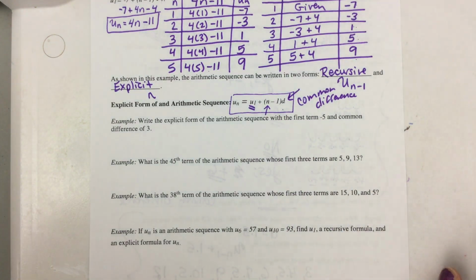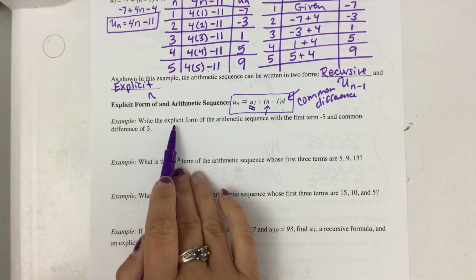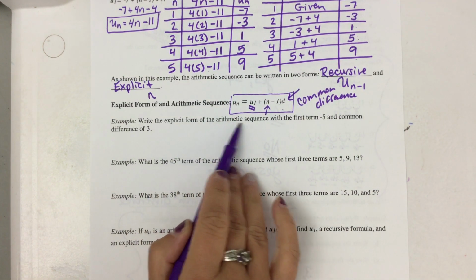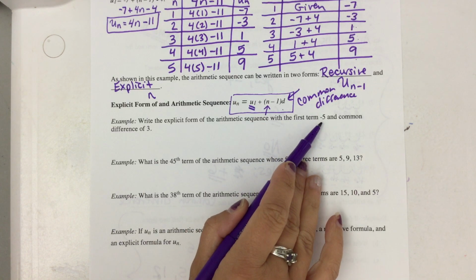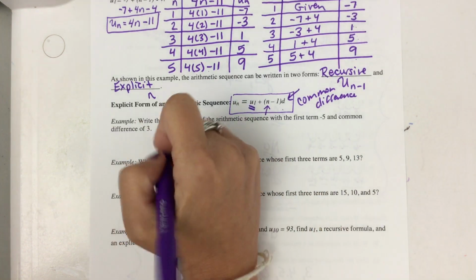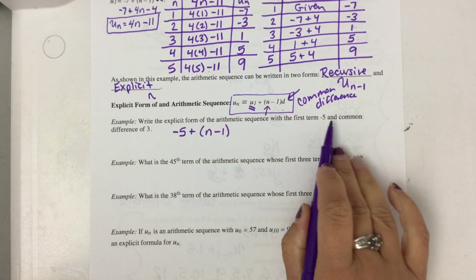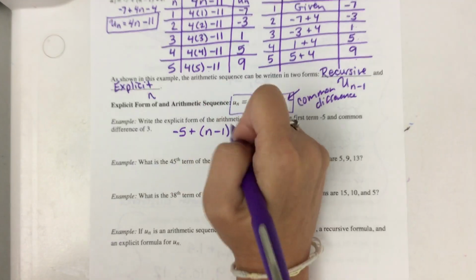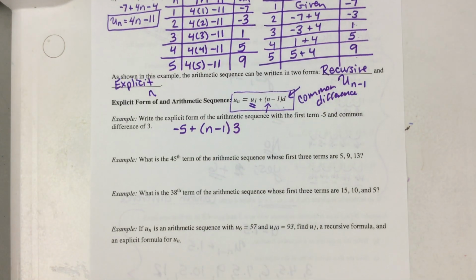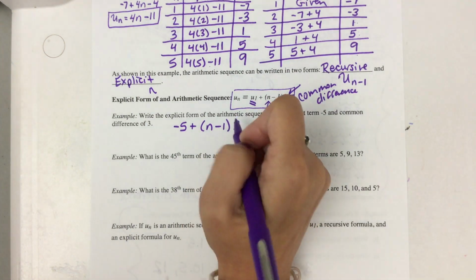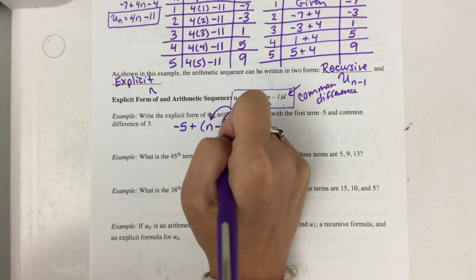So let's go ahead and try a few. Write the explicit form of the arithmetic sequence if the first term is -5. That's what u sub 1 is. So -5 plus n minus 1. And the common difference is 3. So it's times 3. So I set that up. Now let's get rid of the parentheses by distributing.